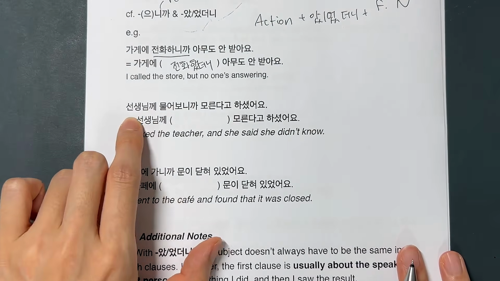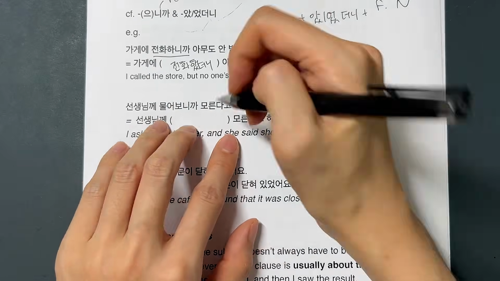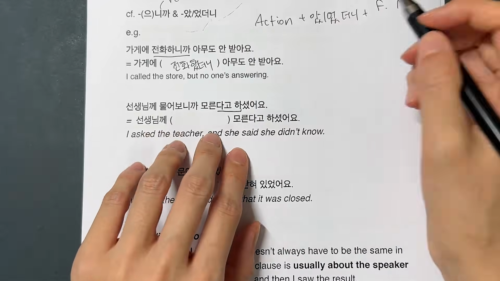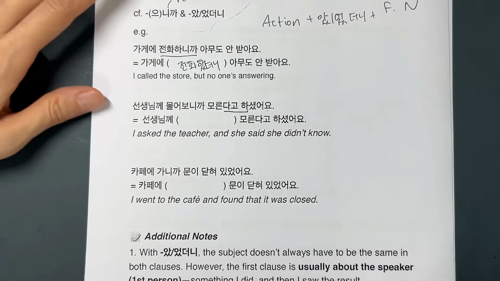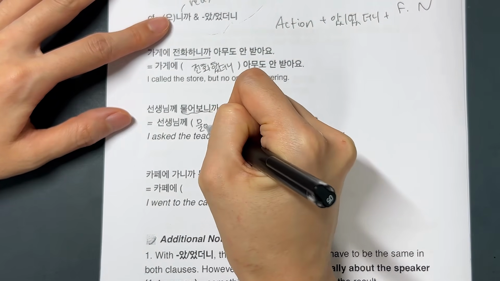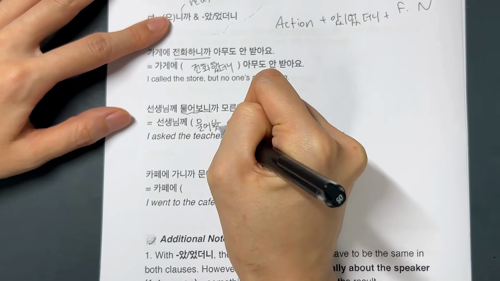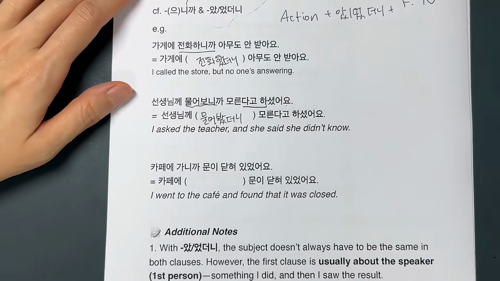선생님께 물어보다, you ask the teacher, 물어보니까 모른다고 하셨어요. 다고 하다, the quotation grammar. So she said she doesn't know. She said she didn't know. And you can also say 선생님께 물어봤더니 모른다고 하셨어요.